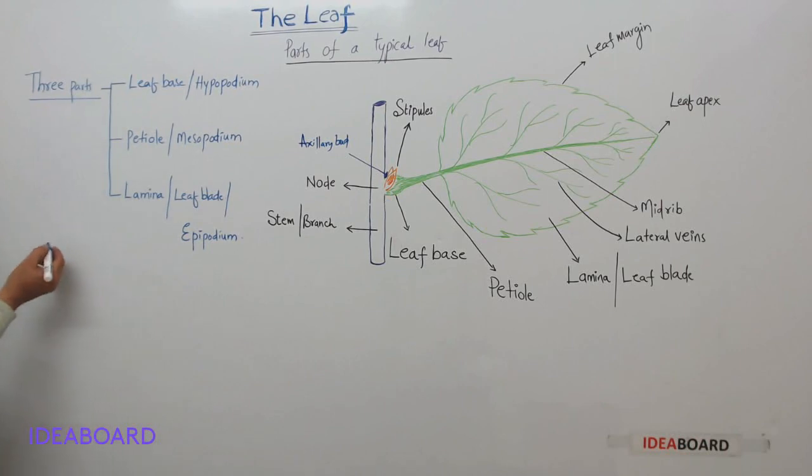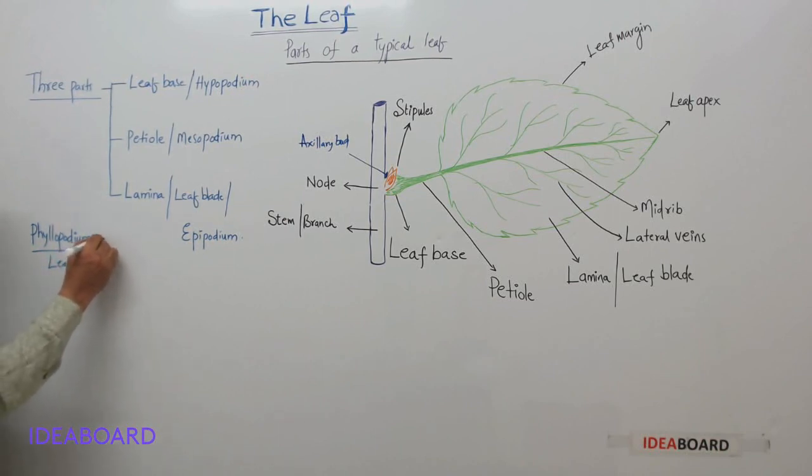And these hypopodium, mesopodium, epipodium are all together parts of the entire leaf, and the entire leaf is called phyllopodium. That is leaf.